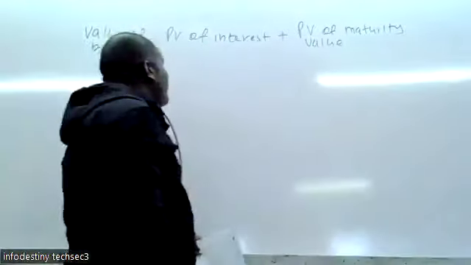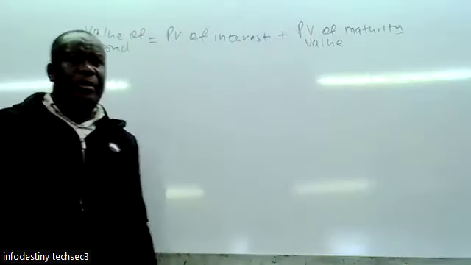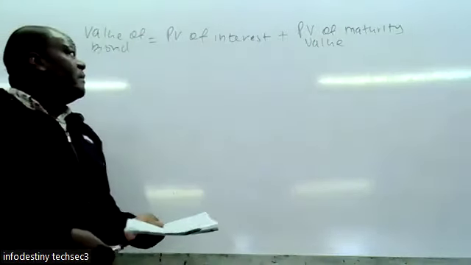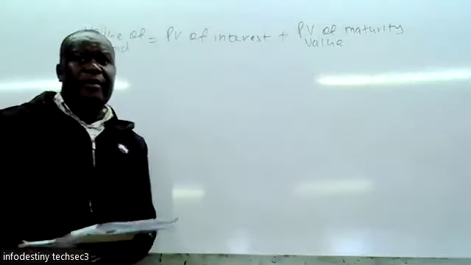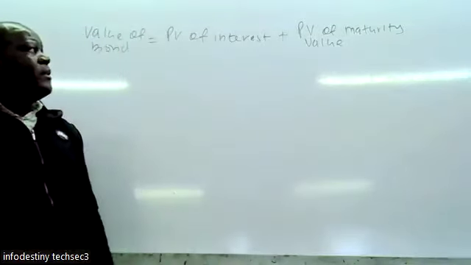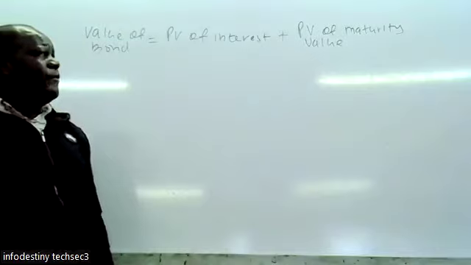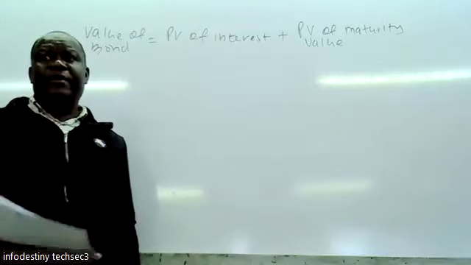So you simply come up with the present value of the interest, then you add the present value of the maturity value.